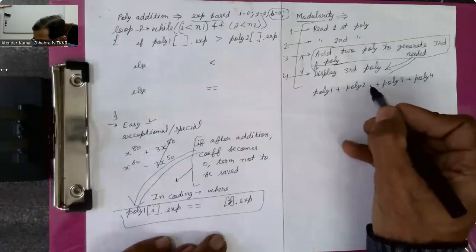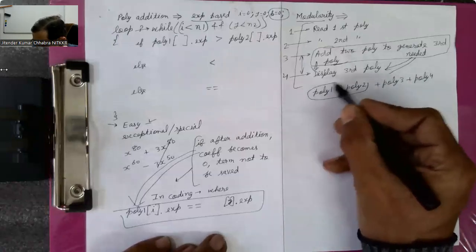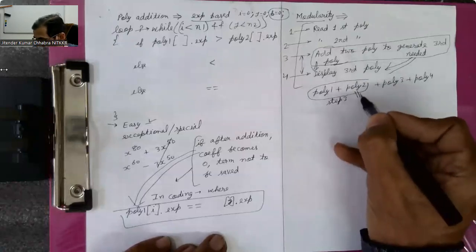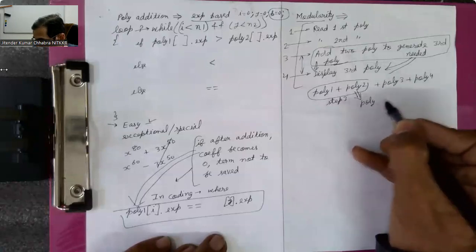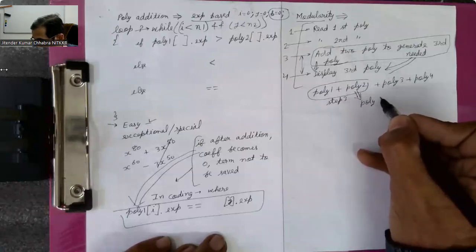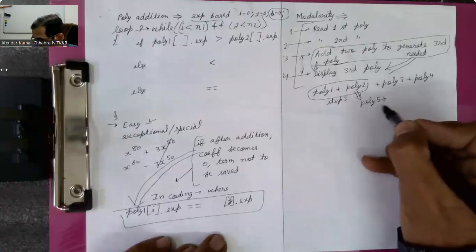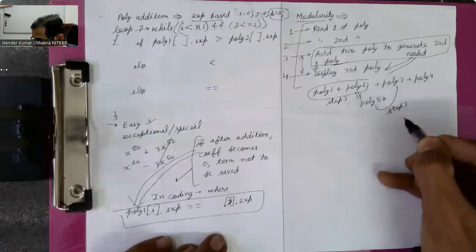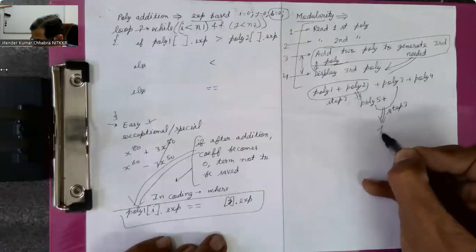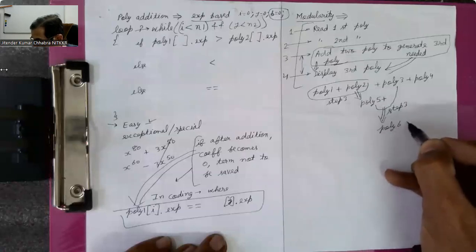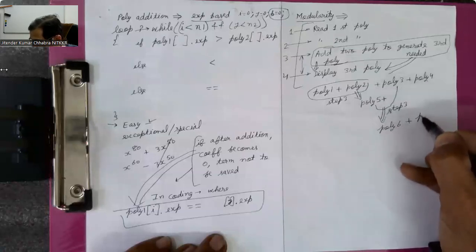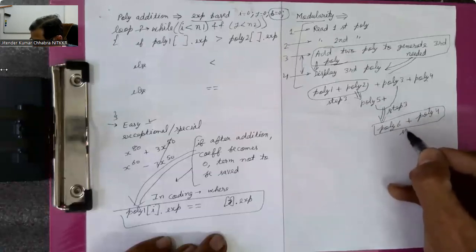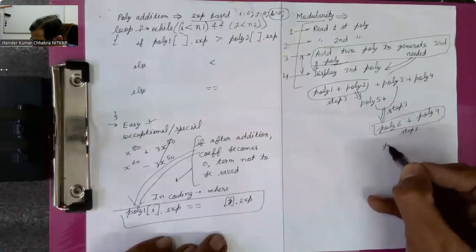But if I'm writing modules, I can say using step 3, you did this, and it becomes a poly 5. Then poly 5 plus poly 3, again using step 3, leads to poly 6. Then poly 6 plus poly 4, again using the same step 3, and you are able to generate poly 7.